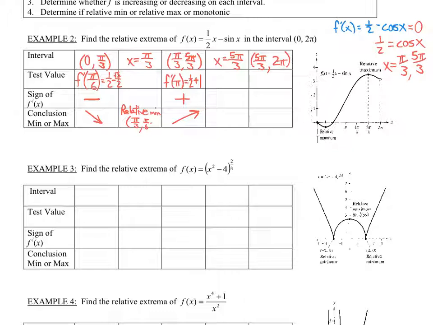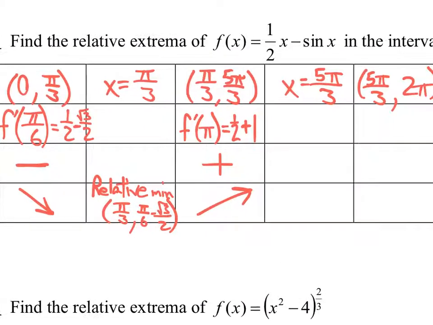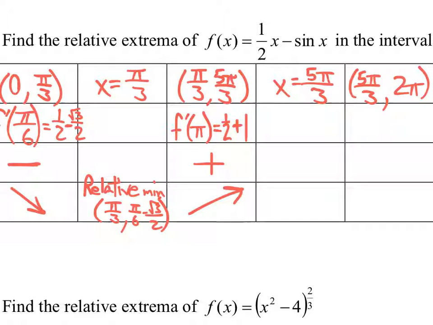And how do you get that? I just plugged it in to the original function. You could leave it like that, or you could give it as a decimal. If you had to actually graph it, you might want to give it as a decimal. But that's where your relative minimum is.